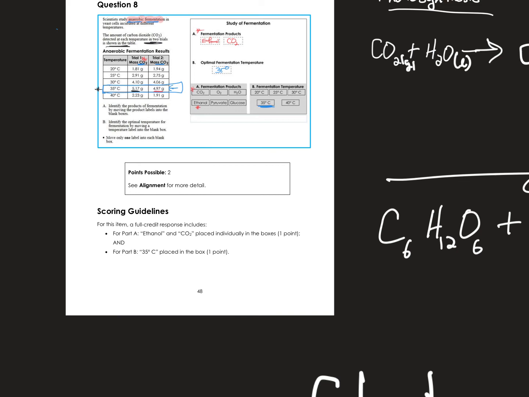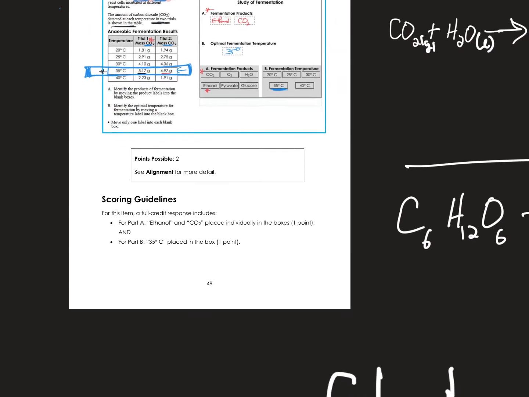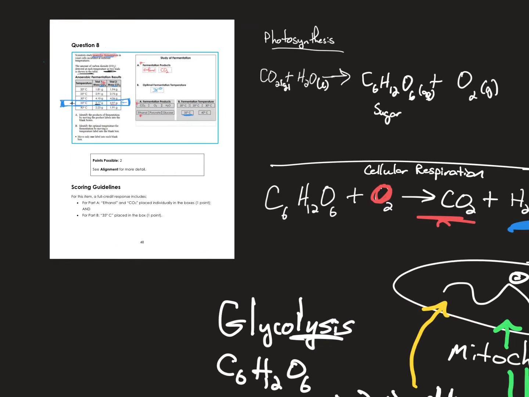Different species have different enzymes, so they're going to have a maximum range and a best range that is different for different species. All right, so that's question 8.